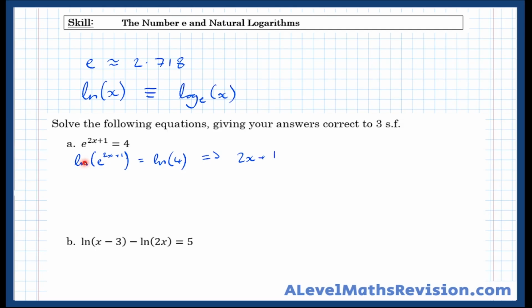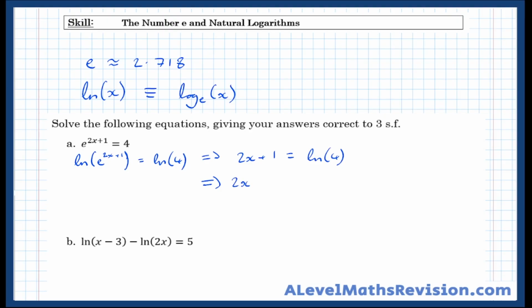This is, what power do we give e to get e to the 2x plus 1? Well, we give it power 2x plus 1, equals natural log of 4. And sometimes you'll hear me just say log of 4. It's perfectly reasonable to say that. You'll know what base log I'm talking about just from the context of the question.